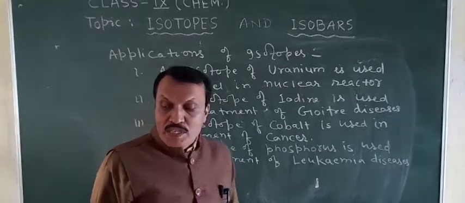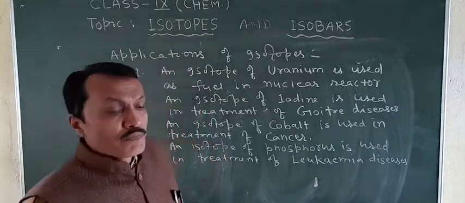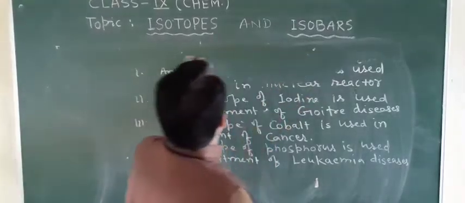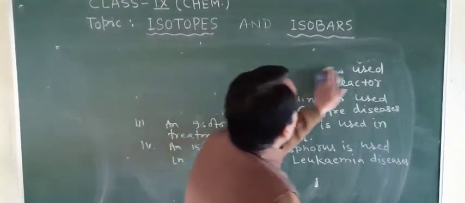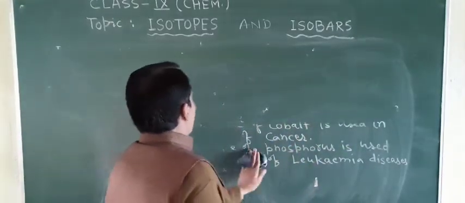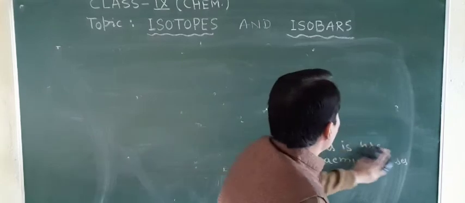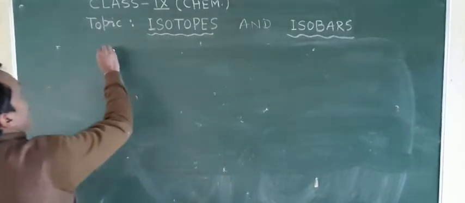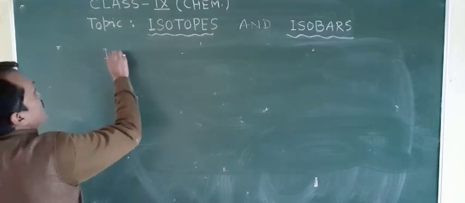And now the second topic is isobars. So what are isobars? You must know here, and also what is the difference between isotope and isobar you can understand here. Isobars.